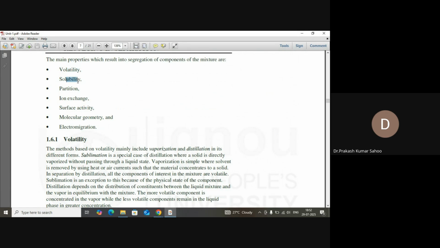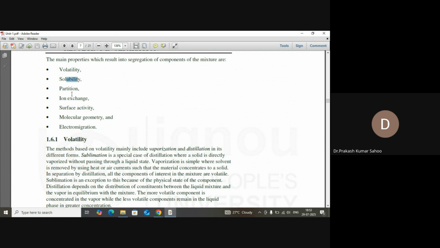Then solubility. Solubility means that in a particular solvent, where two or more solutes are soluble, they get separated depending on their solubility. The one having higher solubility will be separated at last, and the one having lesser solubility will be separated first.